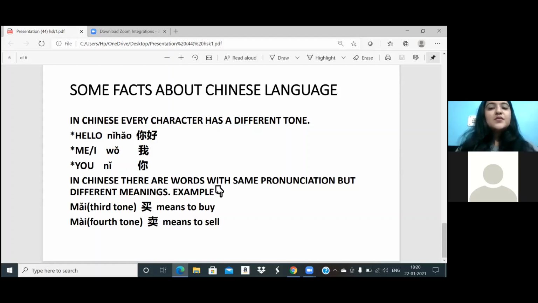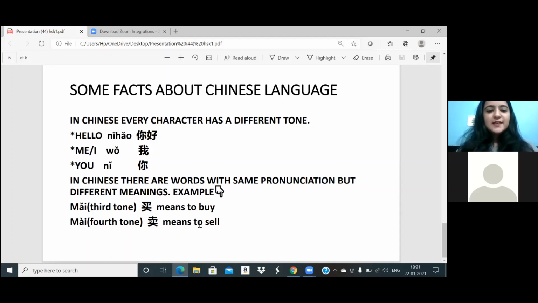And obviously the tones will be different. So in the first mai, there is the third tone, so it will be pronounced as mai, and it means to buy. But in the fourth tone, mai means to sell.